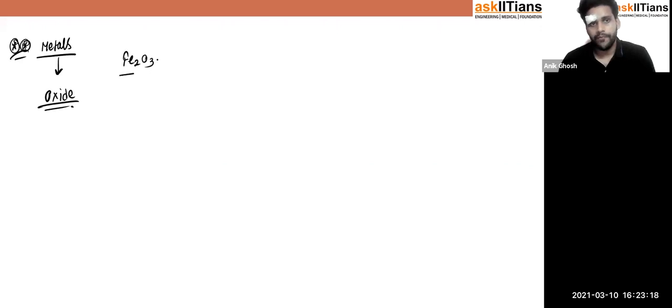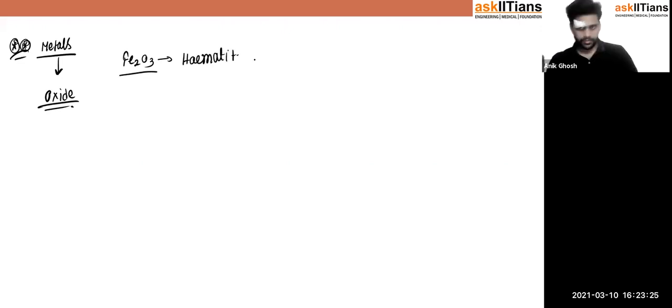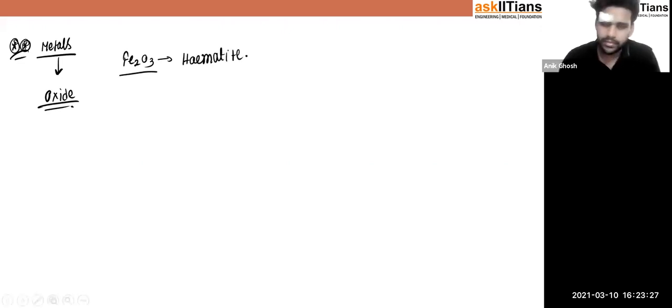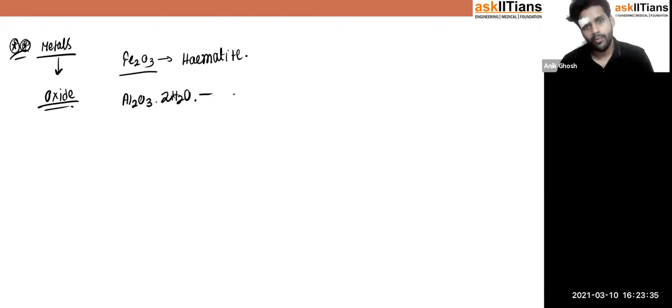So Fe2O3, this one is called hematite. And there is another, Al2O3.2H2O. This is called bauxite. Okay, so all of these you can see over here.